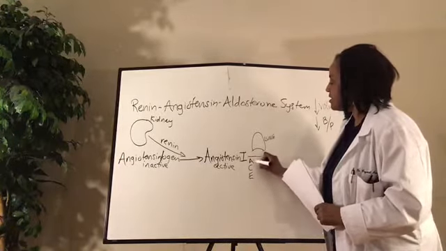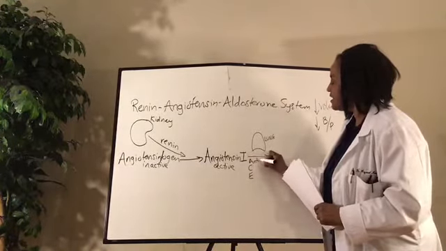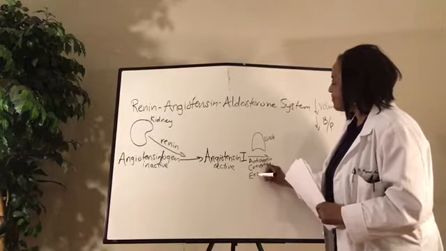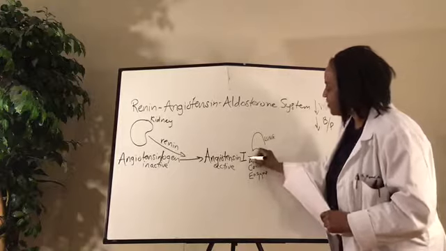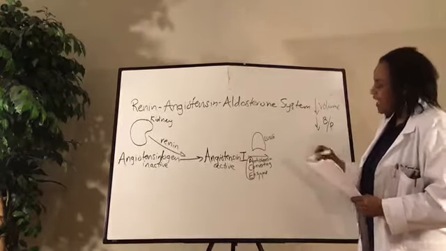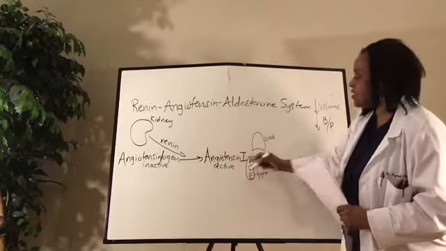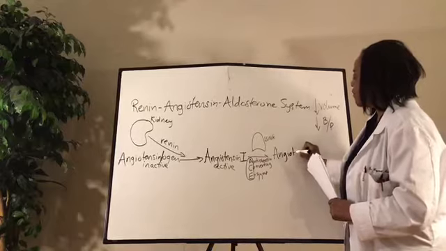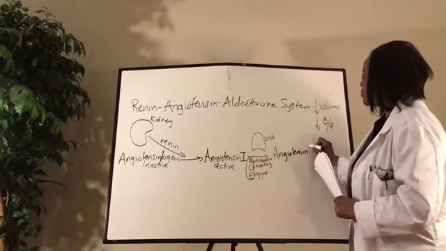And now it's angiotensin converting enzyme. You can see the ACE here. And that will now make angiotensin 1 even more active. And we'll call it angiotensin 2.